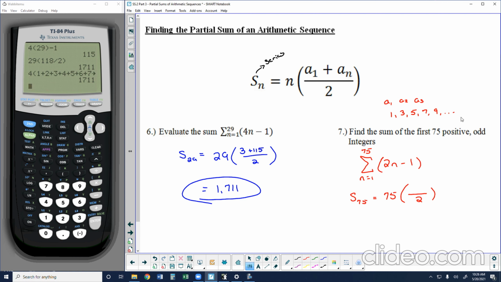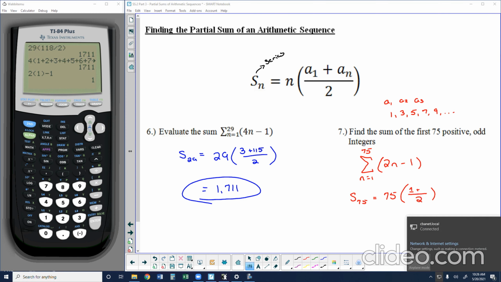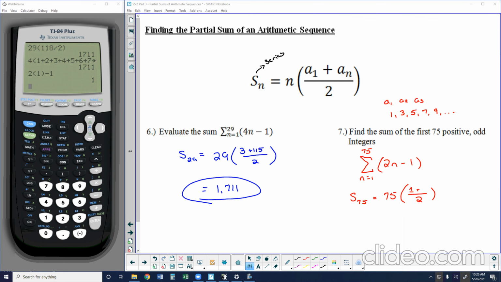We do need to find our first term, which would be 2 times 1 minus 1, which you could do in your head, but this would be 1. The 75th term we're going to need as well. So 2 times 75 would be 150, minus 1 is 149.